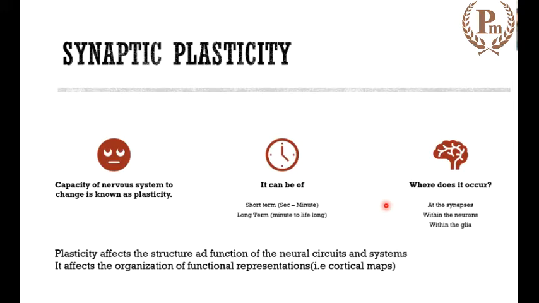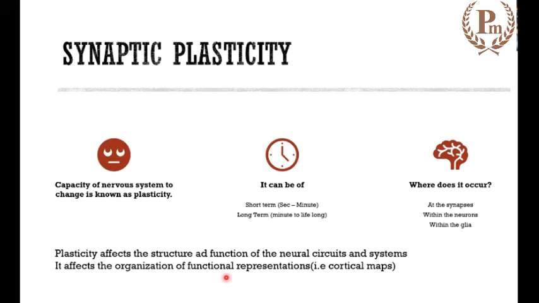Plasticity, being a feature of the synapse, gives the synapse scope to arborize. You can increase the number of synapses in the central nervous system, or it can even decrease. So it affects the structure and function of neural circuits and systems, and it can also affect the organization of functional representations, like what is called cortical mapping.